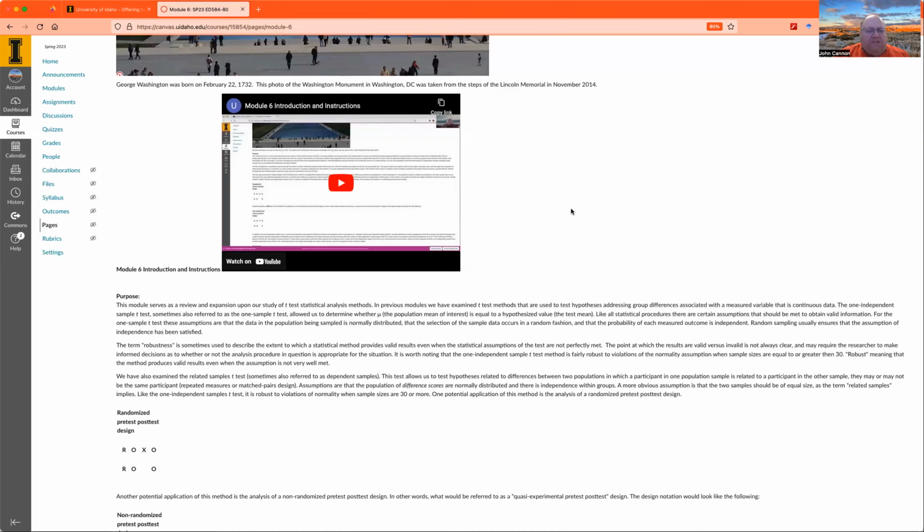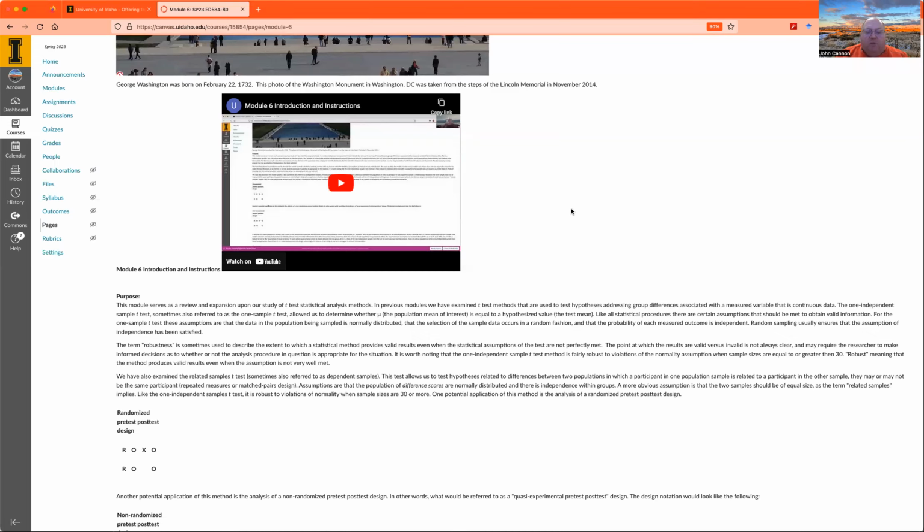The term robustness is sometimes used to describe the extent to which a statistical method provides valid results, even when the statistical assumptions of the test are not perfectly met. The point at which the results are valid versus invalid is not always clear and may require the researcher to make informed decisions as to whether or not the analysis procedure in question is appropriate for the situation.